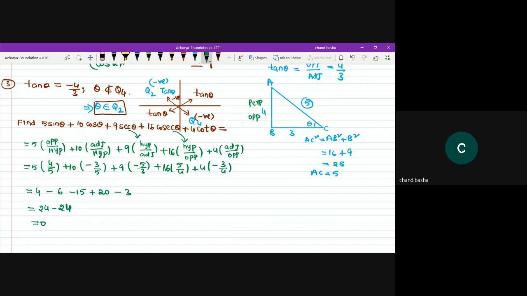You have to understand the concept, how we differ from the general concepts, how we are solving the problems. Hope you can understand this problem. I'll go for the next problem.